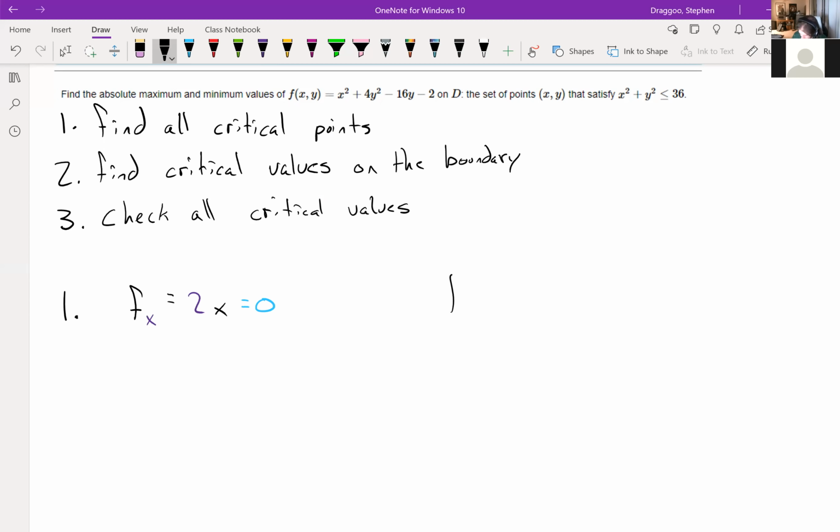I'm also going to want f partial y, which is just slightly more exciting, but only barely. I get 8y minus 16. I also want this thing to be equal to 0. So I get x equals 0 on the left, and I'm going to get y equals 2 on the right.